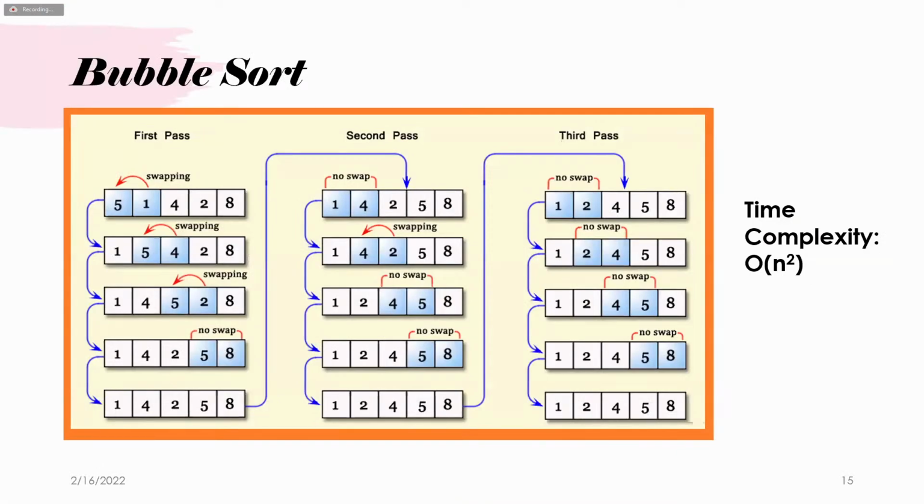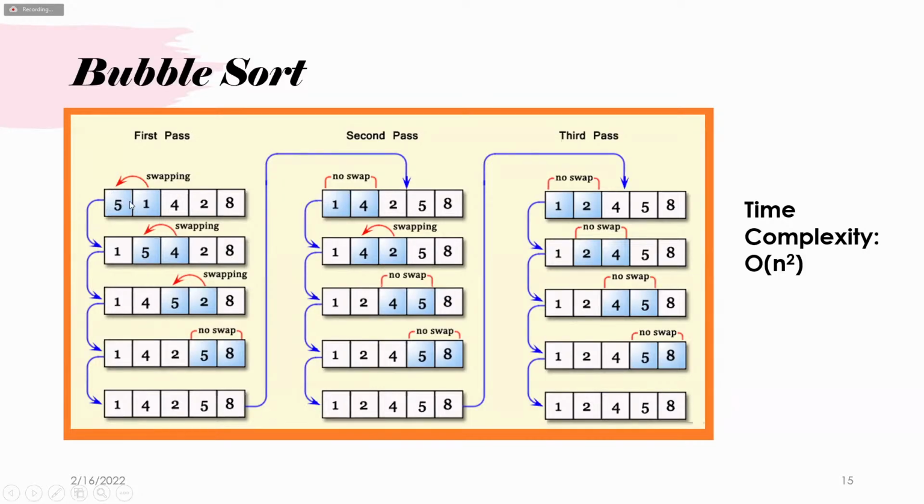This is one of the simplest sorting algorithms, and it basically works by repeatedly swapping the adjacent elements if they are in the wrong order. So let's see how this example is working. In the first pass, we have this array 5, 1, 4, 2, and 8. You check the element at 0th index and first index, you compare them.